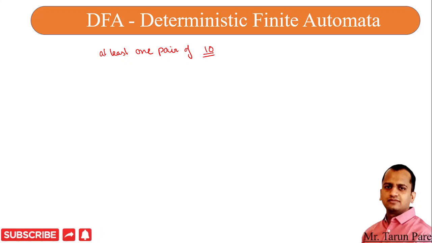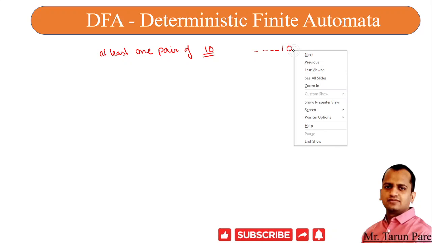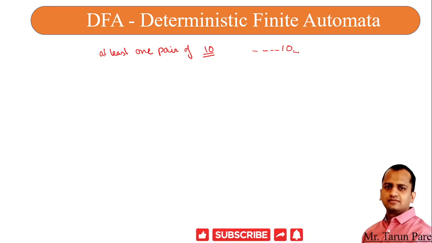Means you want to prepare a deterministic finite automata which supports the string which starts with any element, any number of elements, but has one pair of 1 0 and either ends with 1 0 or has any number of elements after 1 0. So you have to prepare one DFA for that.